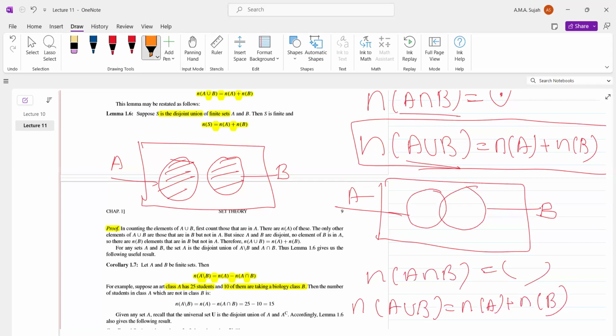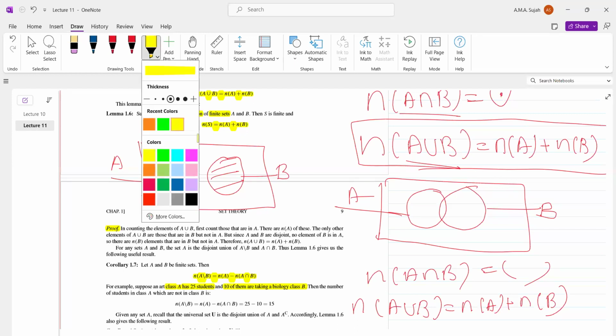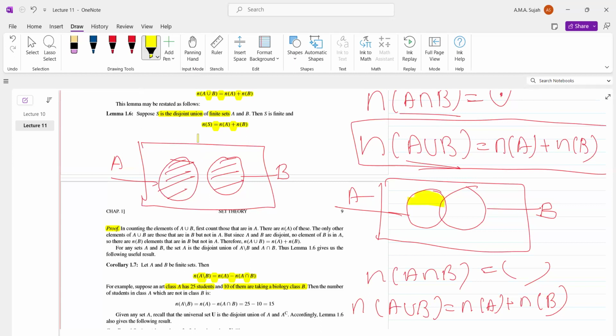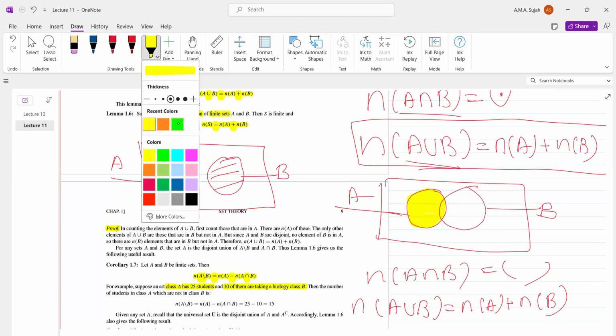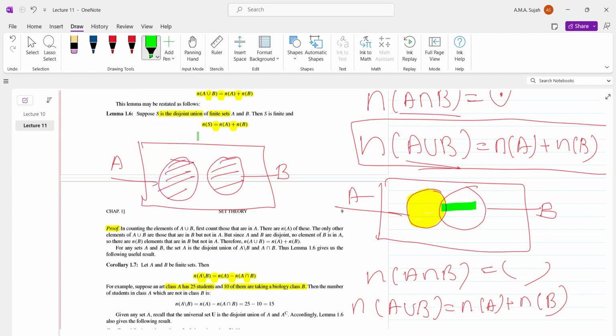If it is the number of A, we consider this one as the number of A. This is the number of A. Similarly, if I add the number of B, what will happen?